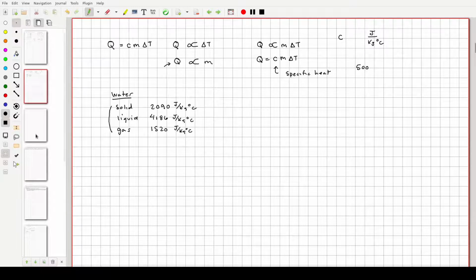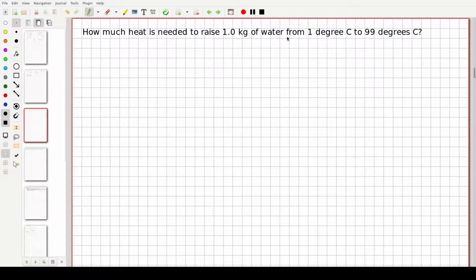Okay? Thankfully, I know I'm dealing with water here, and I know that the freezing point of water is 0 degrees Celsius, and the boiling point of water is 100 degrees Celsius. Between these two temperatures, I'm dealing with the liquid state.